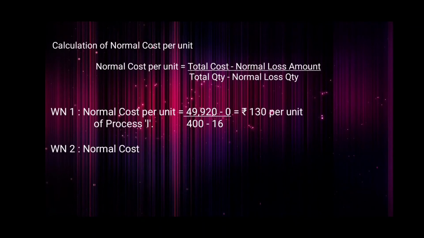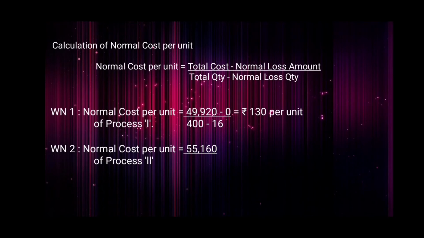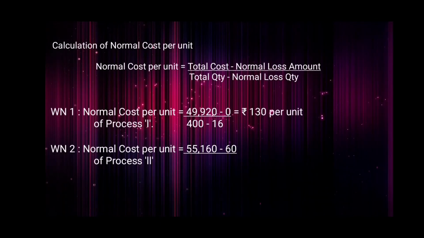Normal cost per unit of process 2, which is equal to total cost. So the total cost amount will be 24,960 plus 18,800 plus 7,600 plus 3,800. So the total amount will be 55,160 minus normal loss amount. So the normal loss amount is 60 divided by total quantity.